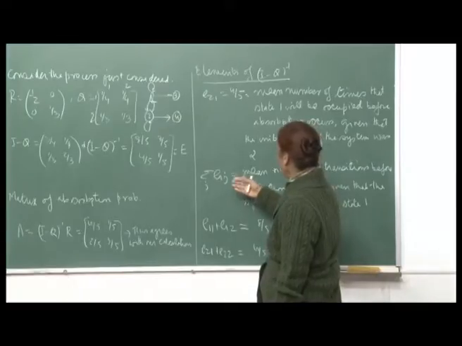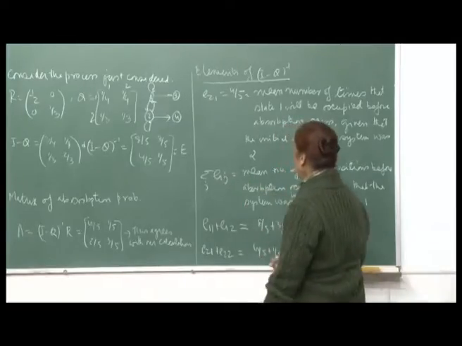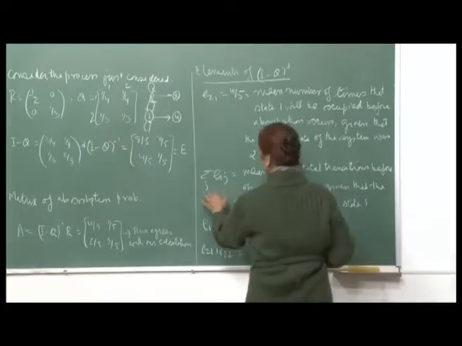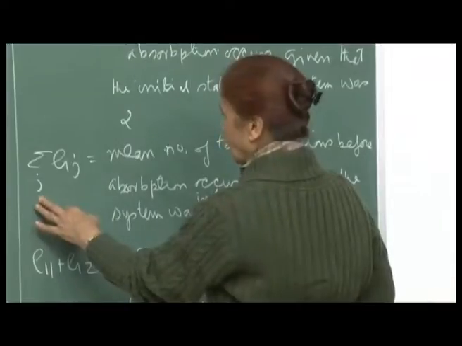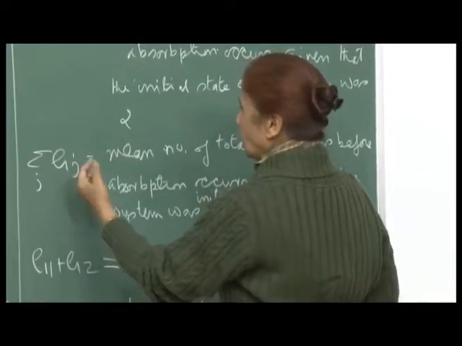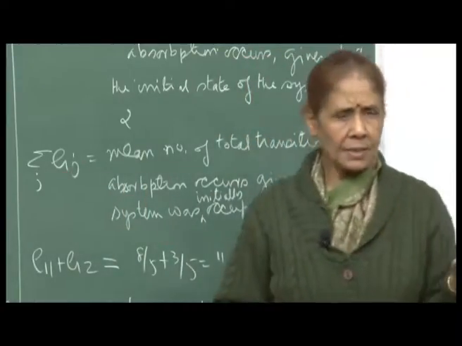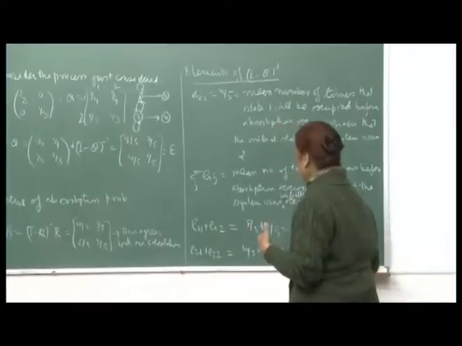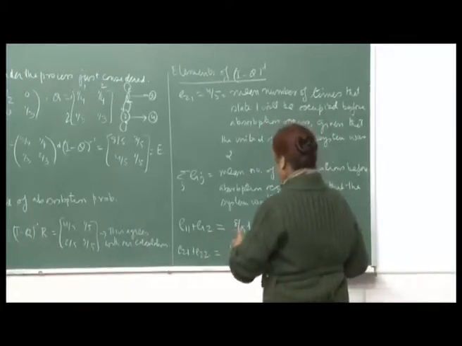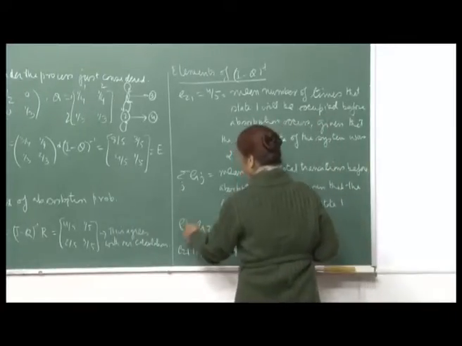Similarly, now if you add up E1j over j, which is again transient, this will give you, starting from state 1, how many times both the transient states will be occupied before absorption occurs. In this example it will be E11 plus E12.